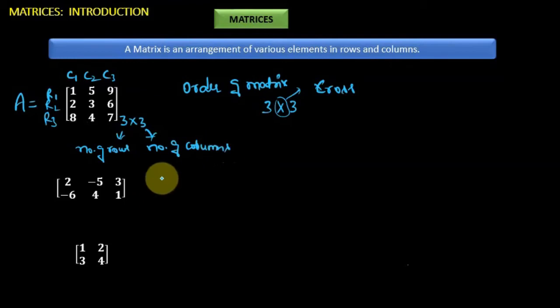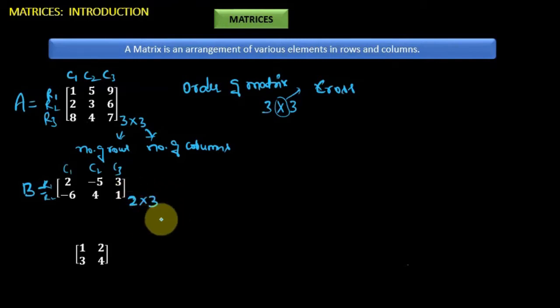Similarly, suppose I took one more matrix here. I'll name this as matrix B. Now tell me, what is the order of this B matrix? If you observe, how many rows do I have here? R1 and R2, 2 rows, and here C1, C2 and C3, so 3 columns. Here first I should write the number of rows, which is 2, cross 3 columns.